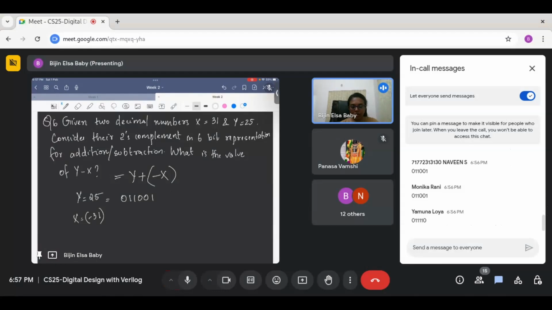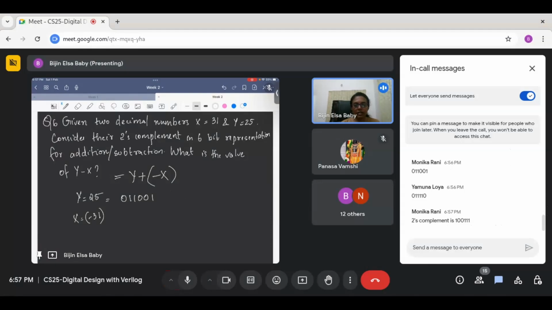Zero, one, one, one, zero. Is that the 2's complement? 2's complement is 100,111. How are we getting the 2's complement of 31?